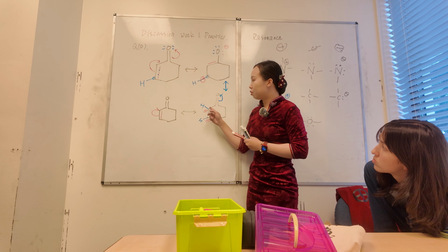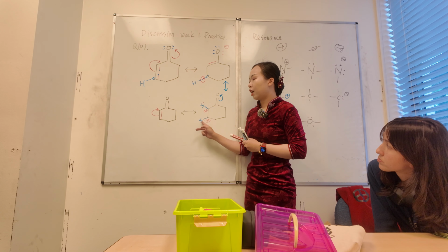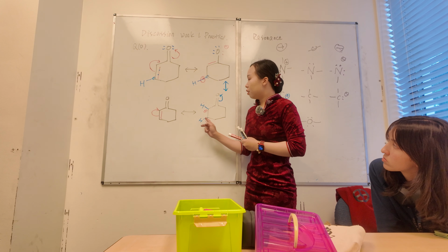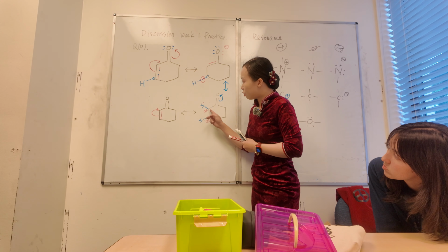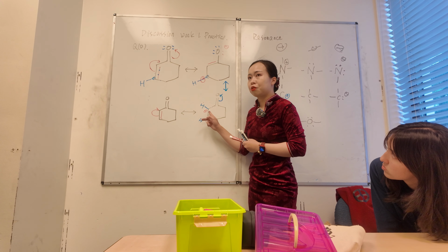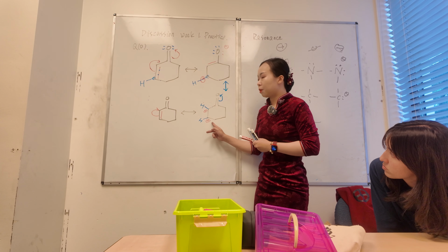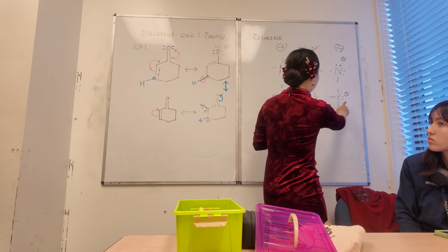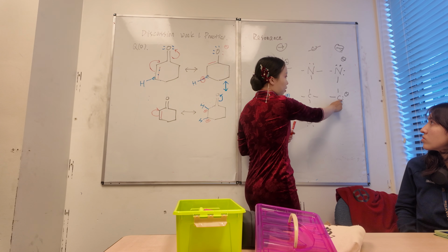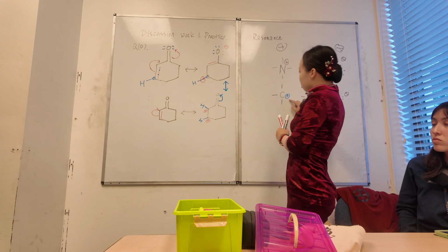They are all bonded to something, like one hydrogen that hasn't been drawn out. The only difference: they are both bound to 3, but this one is negative because it has an extra pair of lone pair. This one is positive. So refer to our chart here.